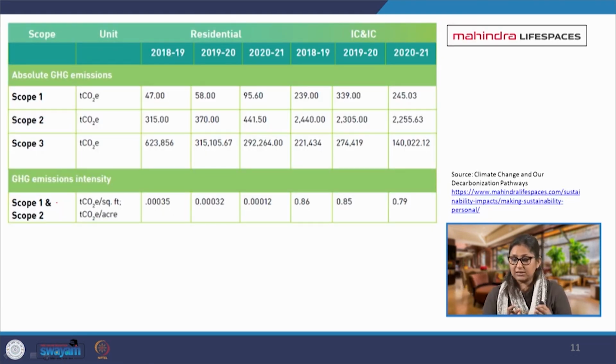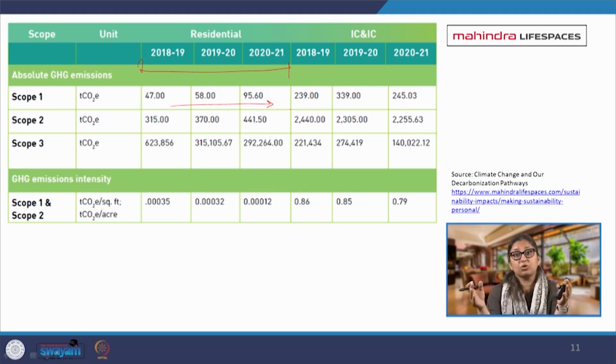So, if we look at the overall numbers that the company reports, if you look at the absolute numbers from 2018 to 2021, we see that there is a continuous increase in the numbers, but these are absolute numbers, which is also dependent upon the business.